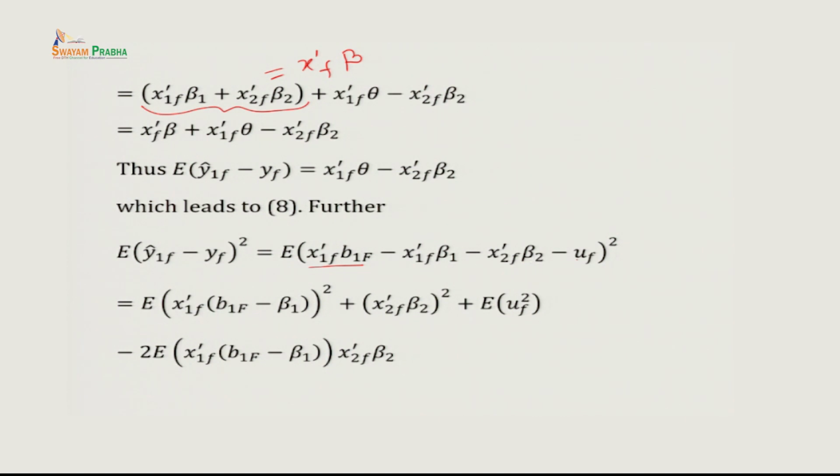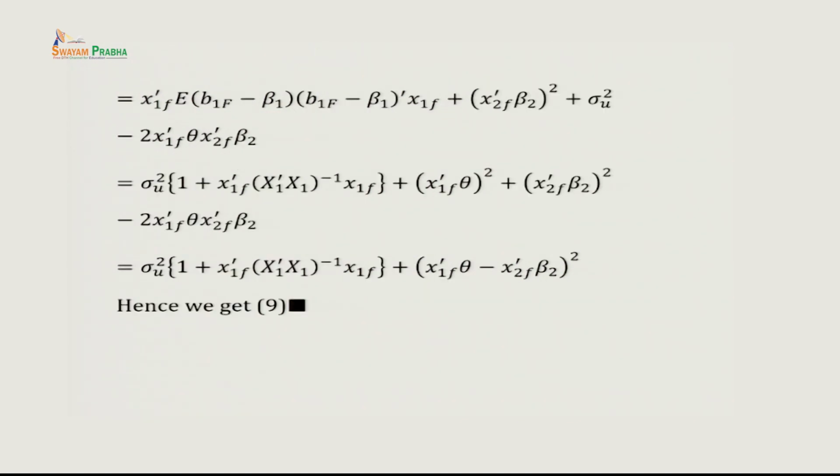So, we write this as the expectation of x1f transpose (b1f minus beta1). We combine these two terms and then we take a square of this plus (x2f transpose beta2) whole square plus the expectation of uf square, and then we have this last cross product term also.